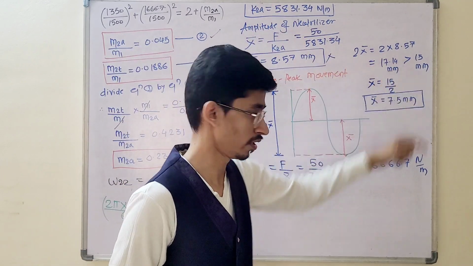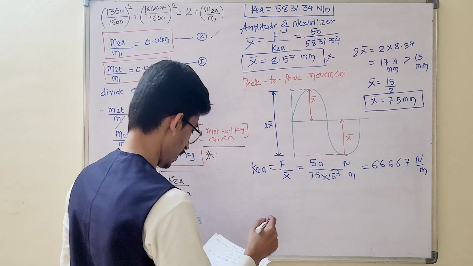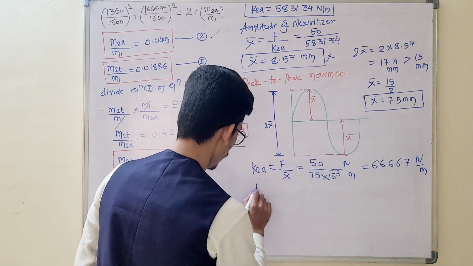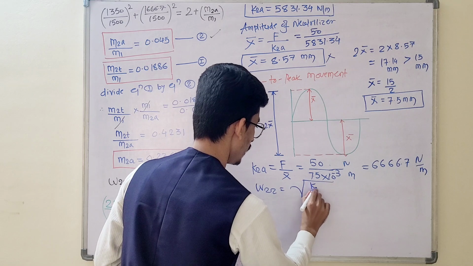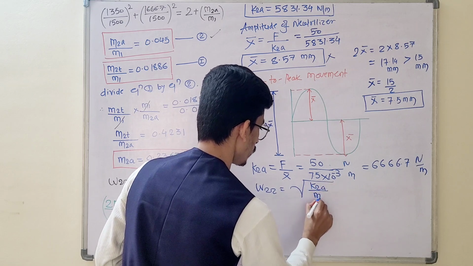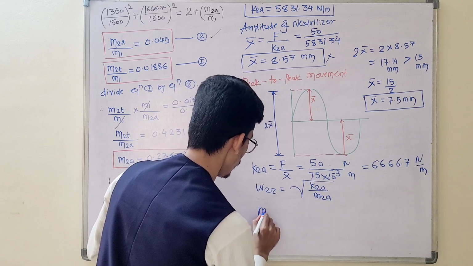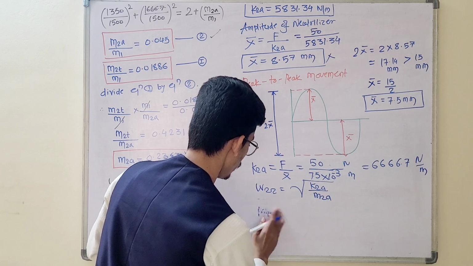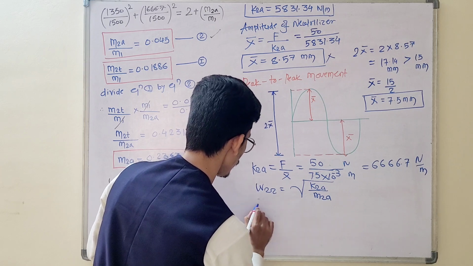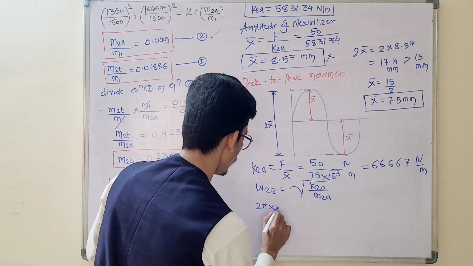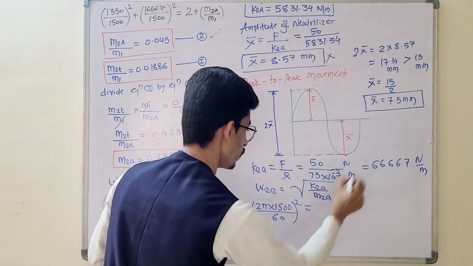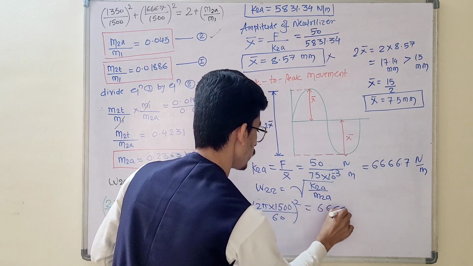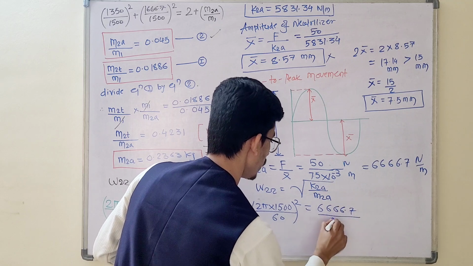the end condition. Now again I can find what will be my omega 2 squared. From here I can find K2A by M2A. So from here M2A we can easily find, where we put 2 pi times 1500 cycles per minute, squared, equal to K2A, which is 6666.7, divided by M2A.